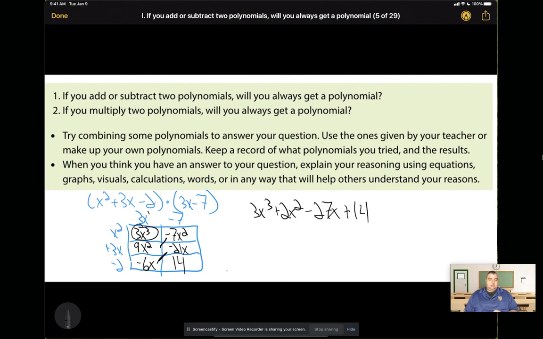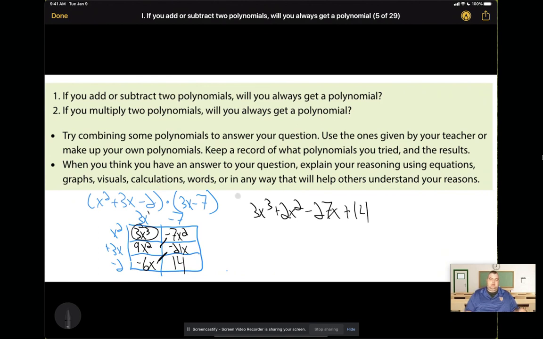Okay? So again, to answer this question, if I take two things that I know satisfy the requirements to make it a polynomial, and I multiply them together, will I ever get an answer that is not a polynomial? So will I ever get an answer that has multiple variables in it?